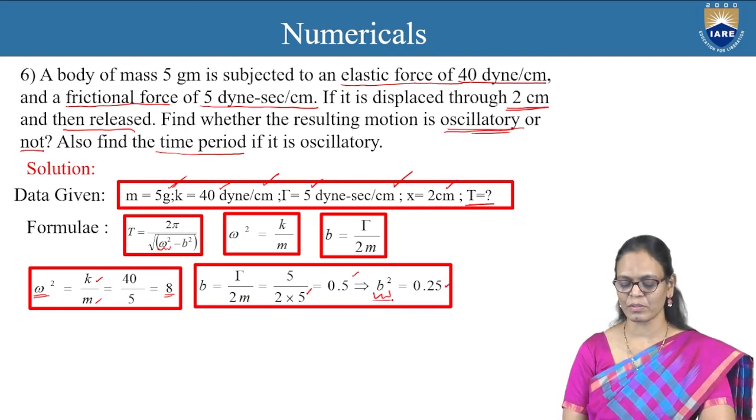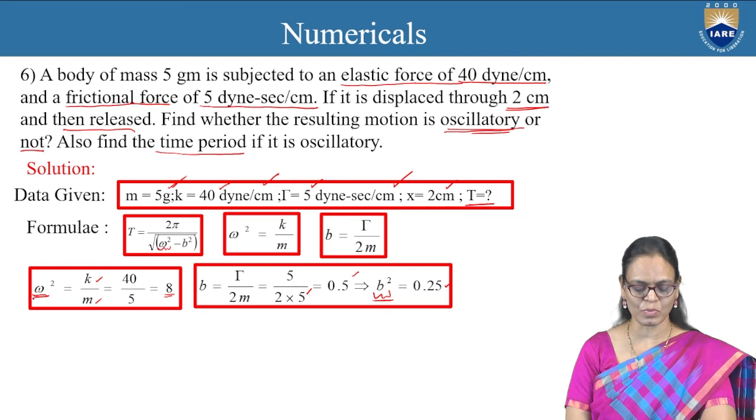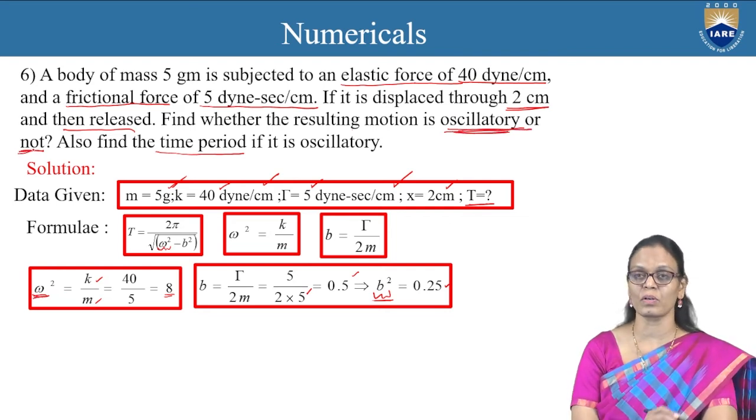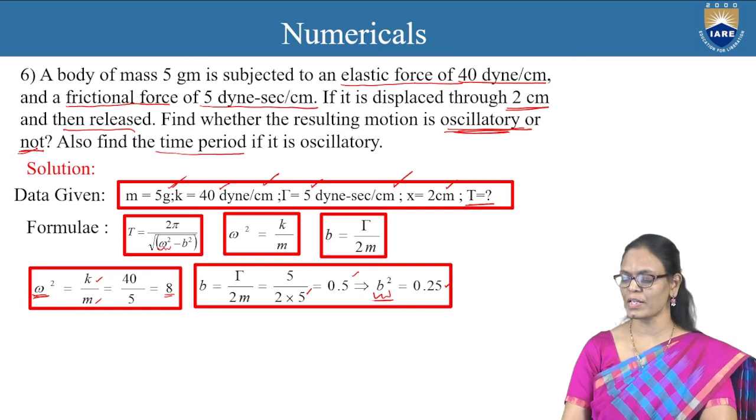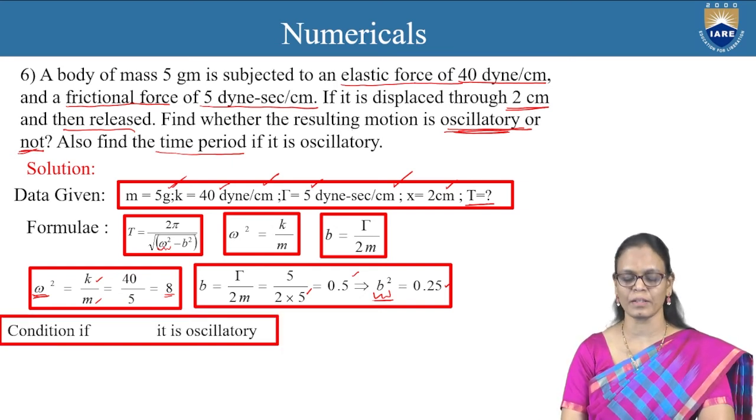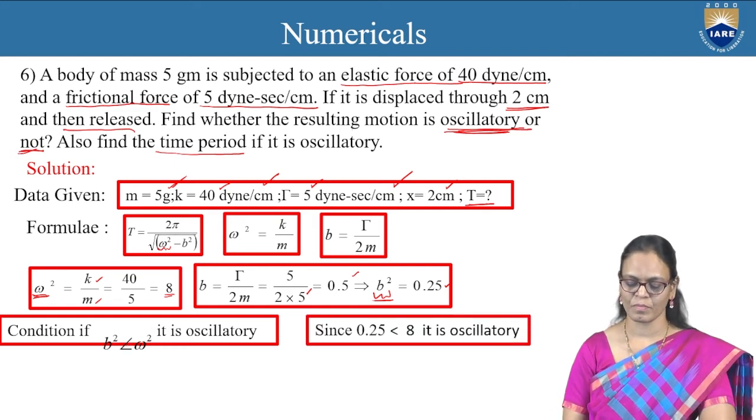So once we get b square and omega square, we will first check whether the system is oscillatory or not. So what is the condition for oscillatory? It is b square should be less than omega square, only then it is oscillatory. So what is the value of b square? 0.25. This is b square.